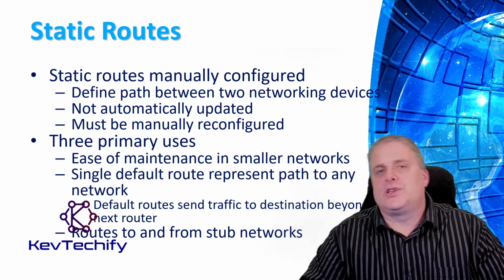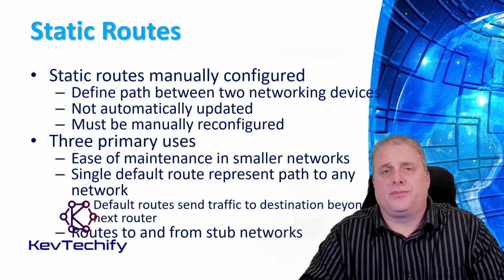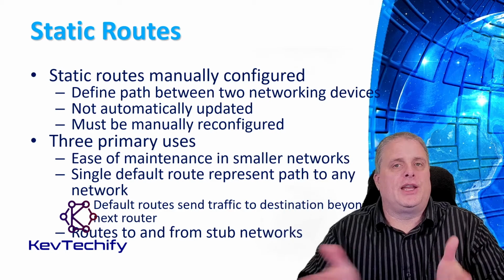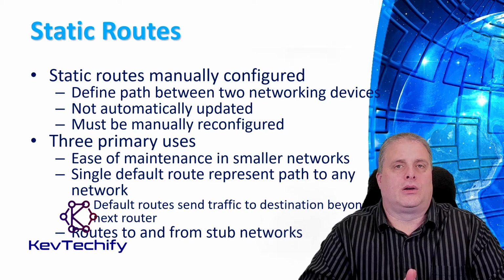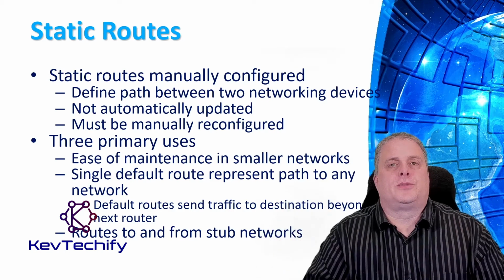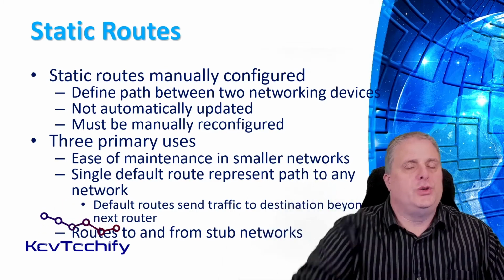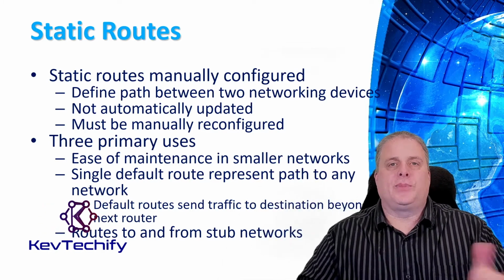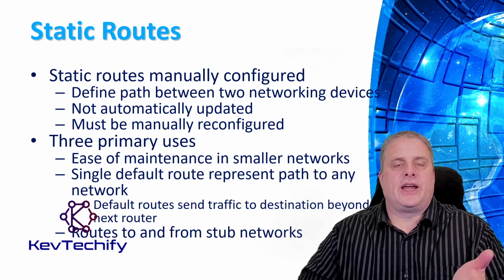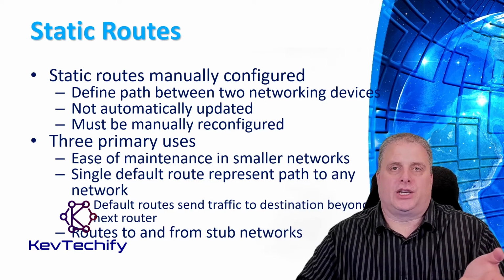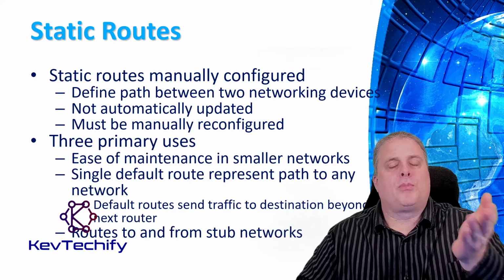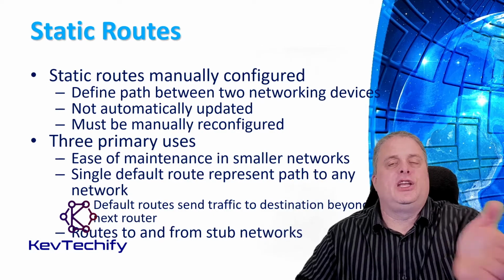Now, why would you want to force it out of one interface versus another? Well, sometimes you may have 2 different connections on your router, and say you have 2 internet service providers. One charges you a monthly fee for as much data as you can send, and your backup connection is a temporary on-demand connection that you pay per megabyte, per gig you send through there.